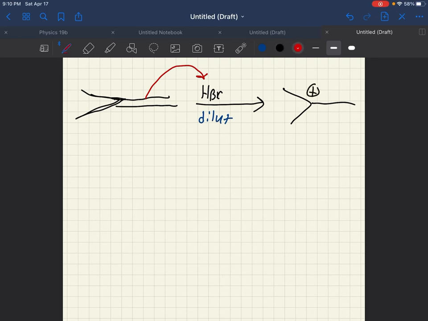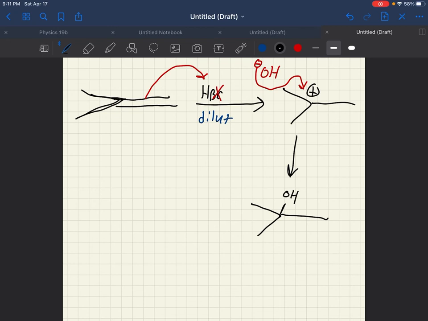However, what's going to attack here is not HBr. It's going to be OH because it's in a dilute solution. So that OH is going to come in and attack here, and that's actually going to give you a product that looks like this instead of the Br attached.